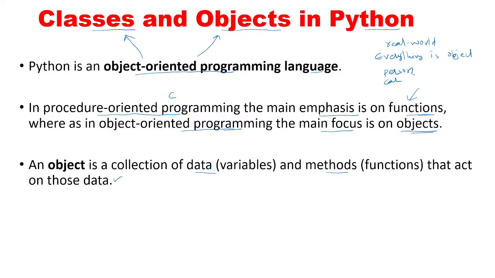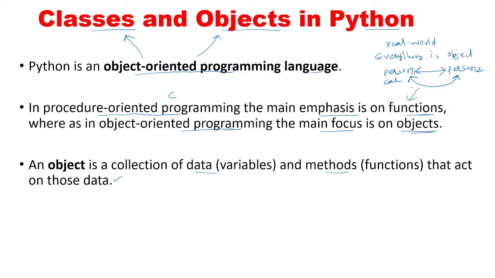Everything is an object, and things are getting done between these objects by communication. Person 1 and person 2, both objects, perform tasks between them by communication. That means the tasks are performed between the objects in the real world.